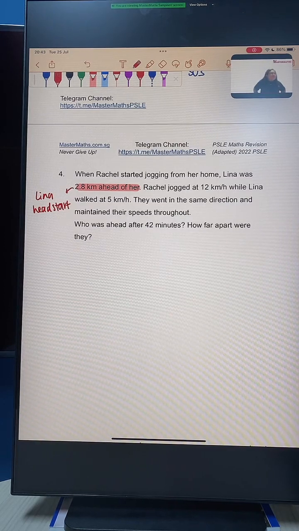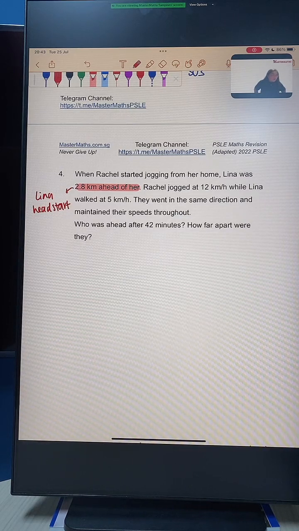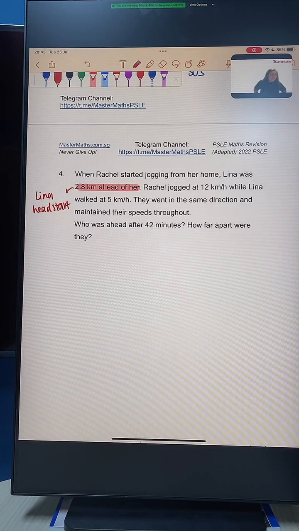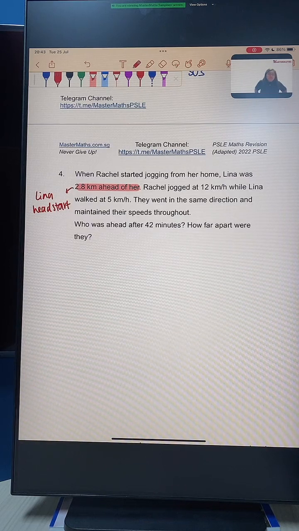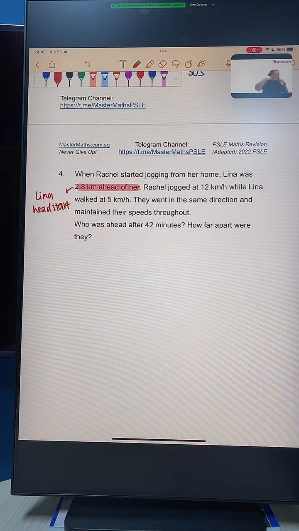For this question, correct me if I'm wrong, I remember seeing it in Paper 2 of the 2022 PSLE paper. If I'm not wrong, this was a 3 or 4-mark question. Let me run through a little recap for speed.